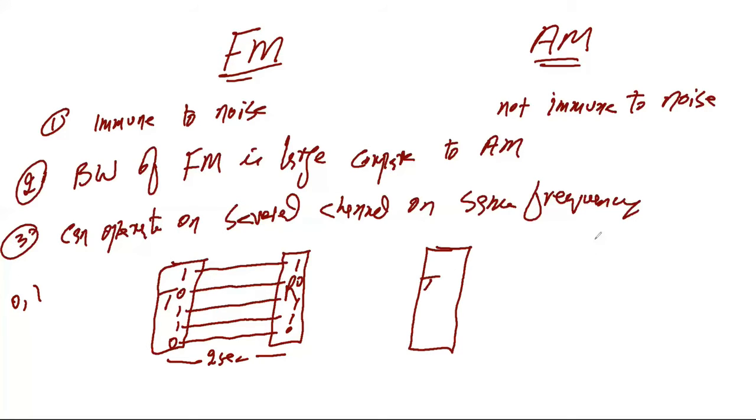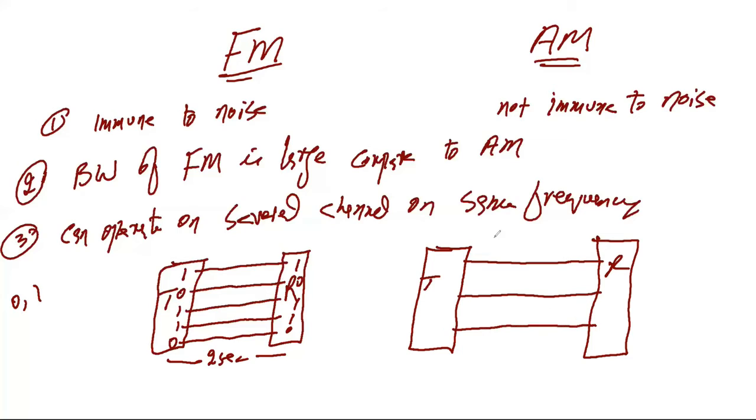But if you use AM, what will happen? This is the transmitter, this is the receiver. In AM we have fewer channels. Let's say we have 3 channels, and you need to transmit the data 10110.